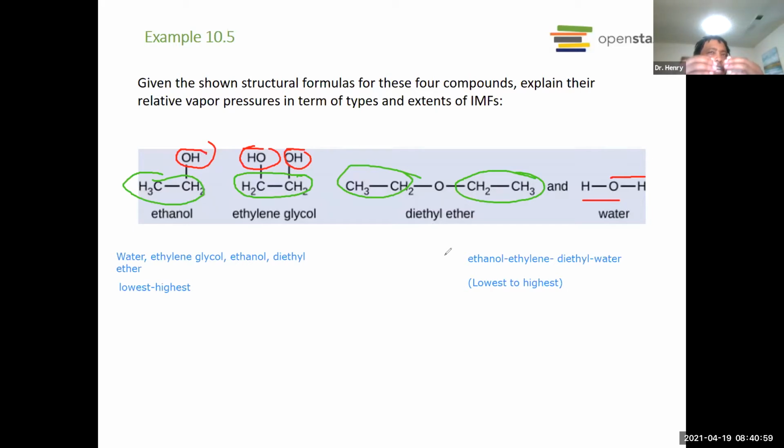Vapor pressure is going to increase if we have weak forces, because it takes very little energy to separate those molecules so that they're not stuck together like in a liquid. So which one of these do you think you'd have to put the least amount of energy in to get the most stuff to separate? The ether. The ether, yes. So this guy is going to have the highest vapor pressure.